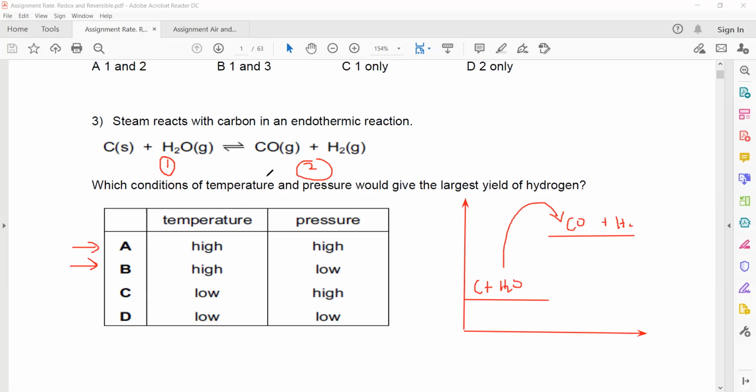So if I increase the pressure, the equilibrium will shift towards the left-hand side. So I should not increase the pressure, I should decrease it, because equilibrium shifts towards the side where there are fewer particles. So the correct answer is B.